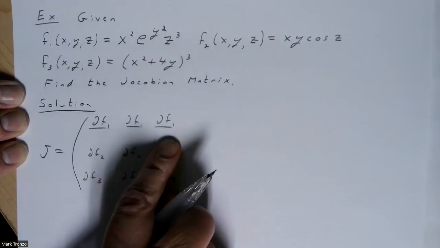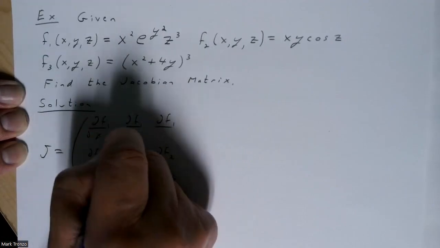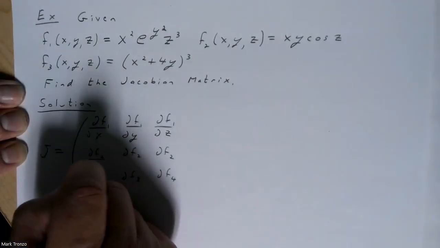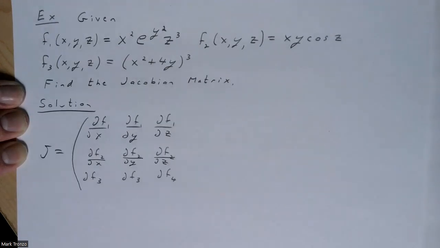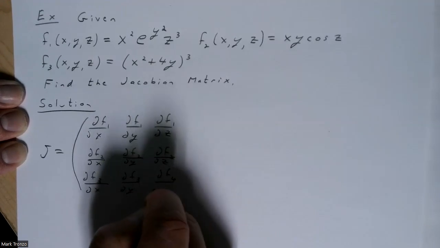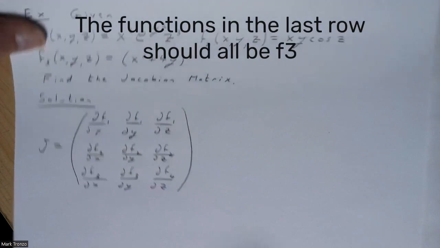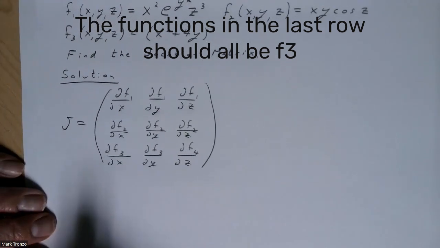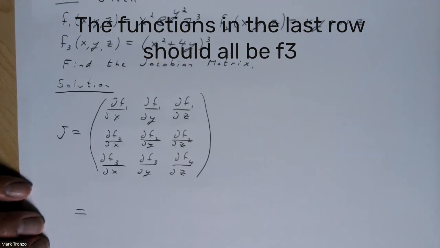We're going to take the first function in the first row, derivative with respect to x, with respect to y, with respect to z, derivative of the second function with respect to x, y, and z, derivative of the third function with respect to x, with respect to y, and with respect to z, like this. Now, I'm probably going to need a lot of room, so I'm going to do the derivatives at the bottom of the page here. I think I'm going to need a lot of room because the functions are kind of wild.